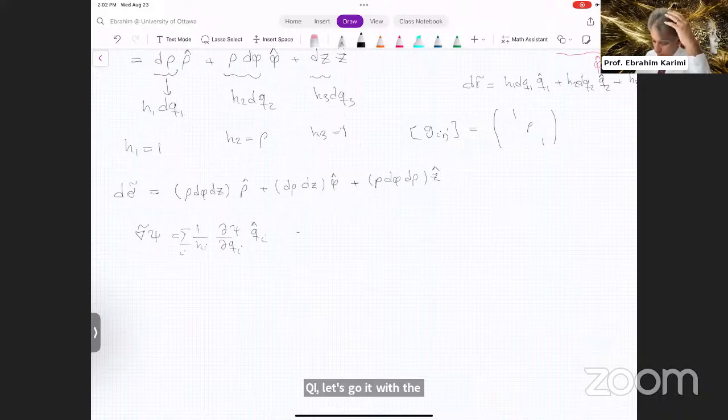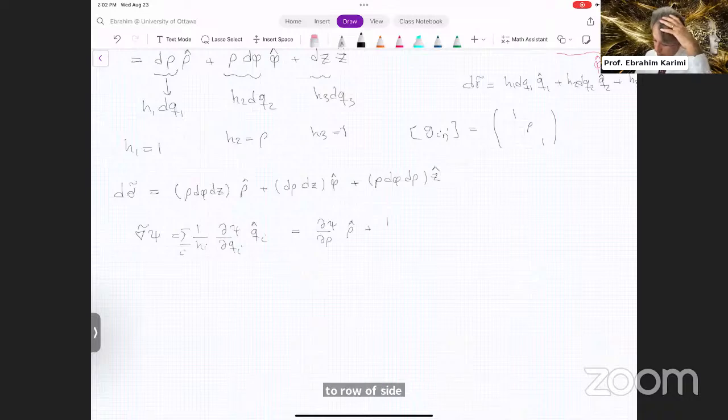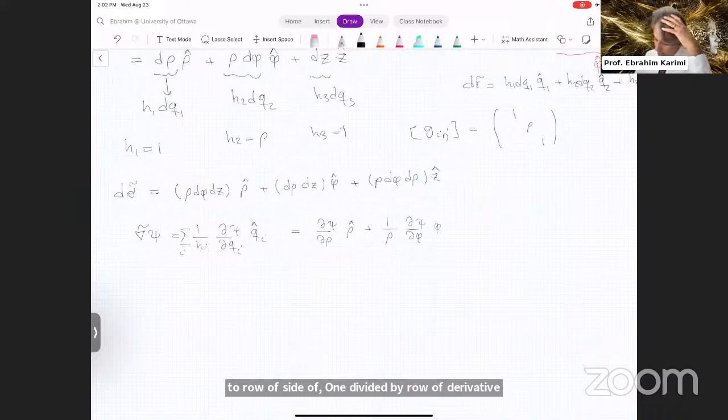If you do the calculation, that will be the derivative with respect to rho of psi rho hat, plus 1 divided by rho times the derivative with respect to phi of psi phi hat, plus the derivative with respect to z of psi z hat. That was the gradient.